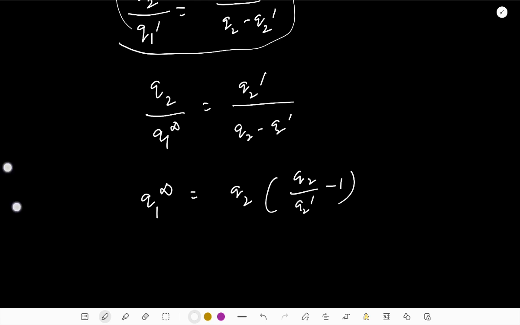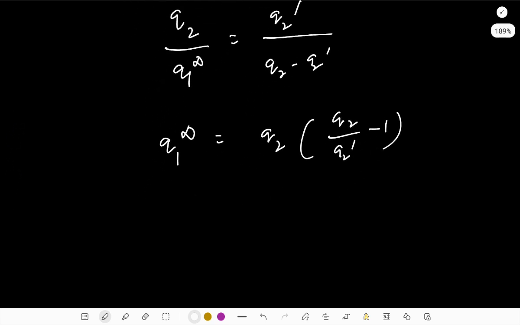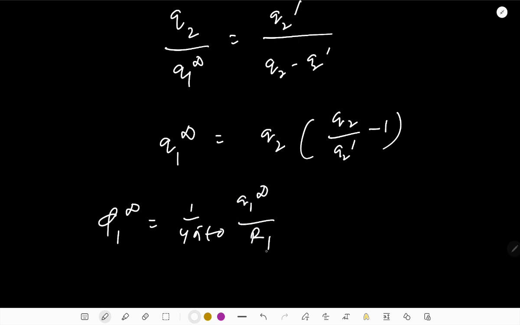So the potential of the first ball, phi 1 infinity, we can write as 1 by 4 pi epsilon naught q1 infinity by r1.